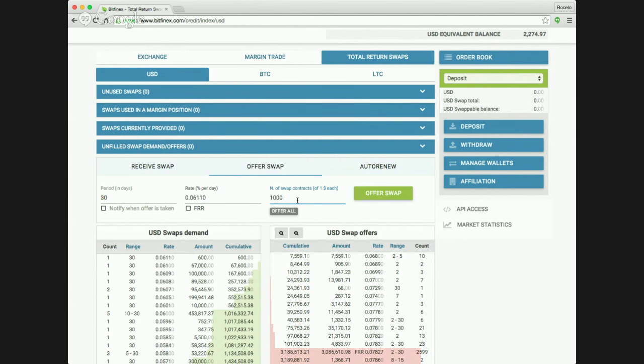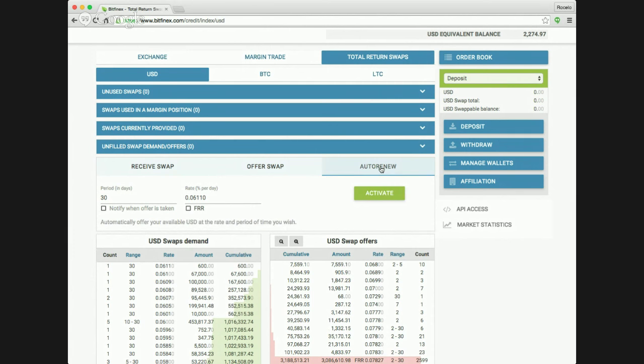And then on the same screen here, we do have the auto renew. How will the auto renew work? The auto renew is very simple. Once you click that you want to activate the auto renew for a period of, for example, 30 days, you can do 3 days, you can do whatever you want. What that means is very simple.